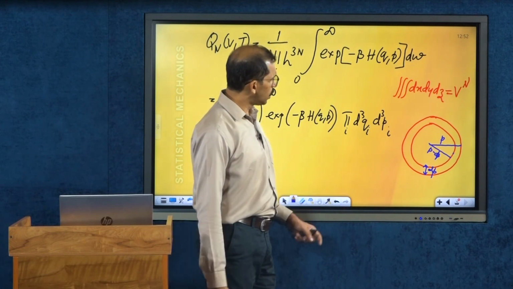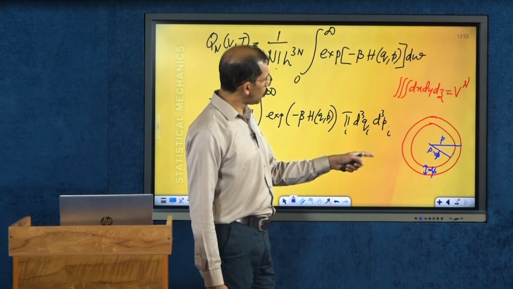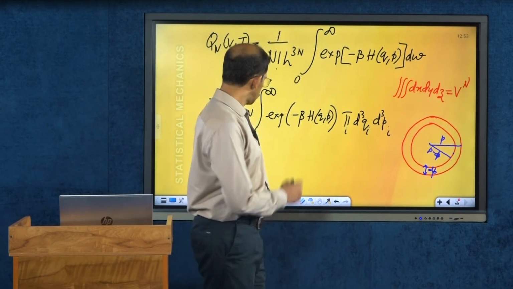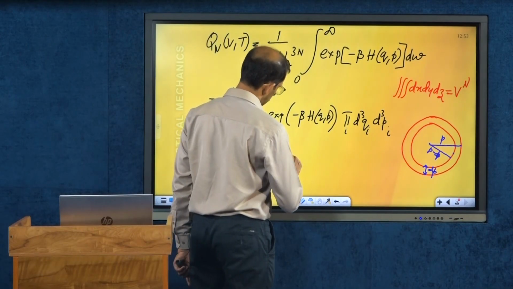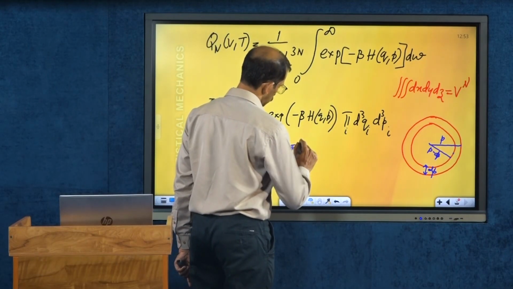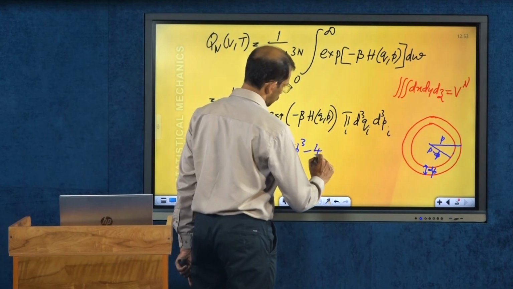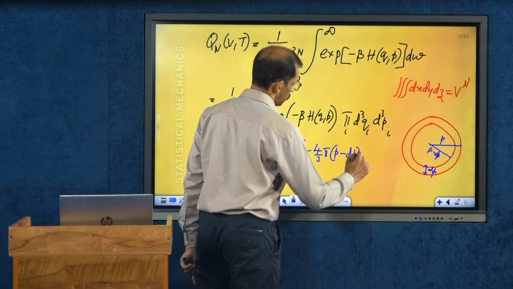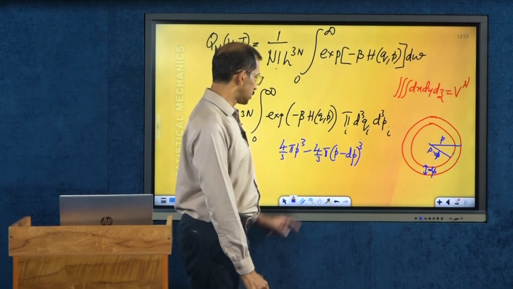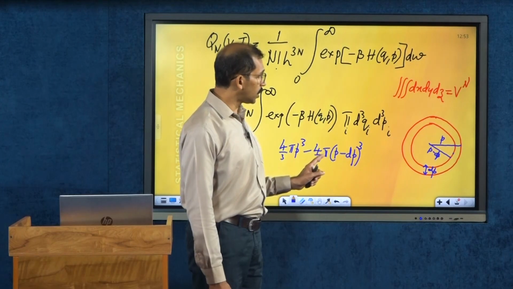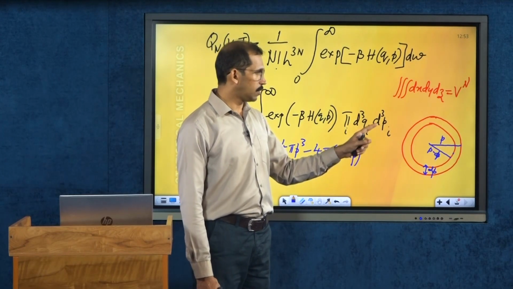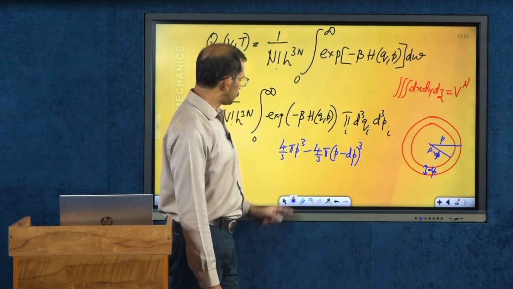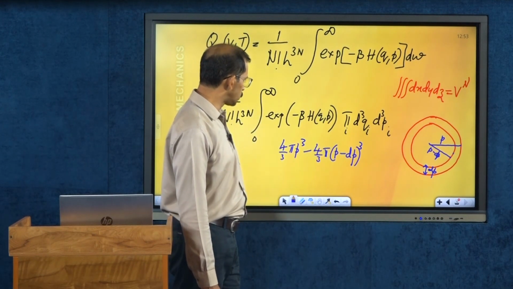So, what do I do? I need to calculate the volume of that shell, which I can do as 4 by 3 pi p cube minus 4 by 3 pi, p minus dp, the whole cube, right. This is the volume of the shell which we are considering. So, you can carry out this one.